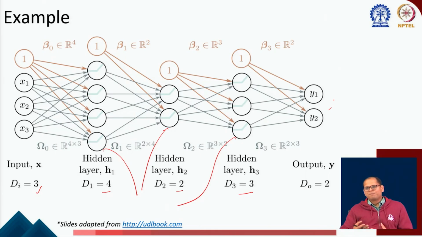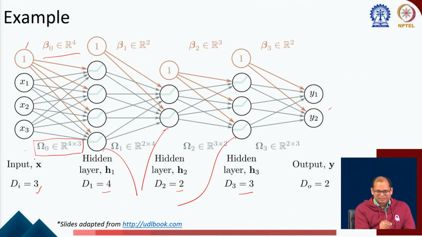So, what are the parameters you need? So, going from input to the first hidden layer you need, so also take the bias into account. So, bias would be just the dimension of the output for this. So, that is 4, bias will be 4 dimensional, and the weight will be 3 cross 4, right. So, a 4 cross 3 matrix.